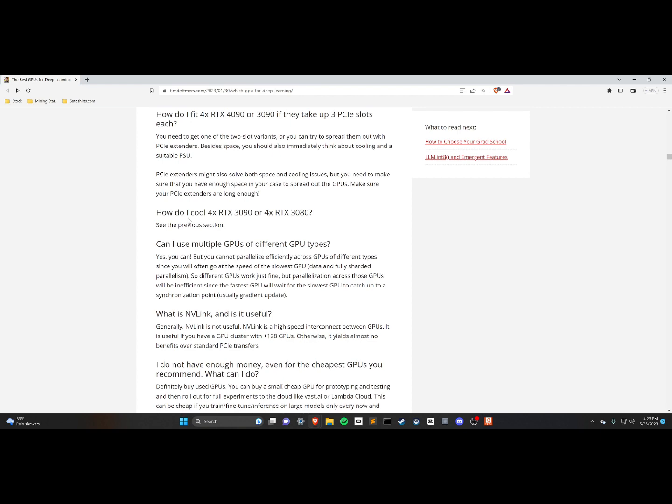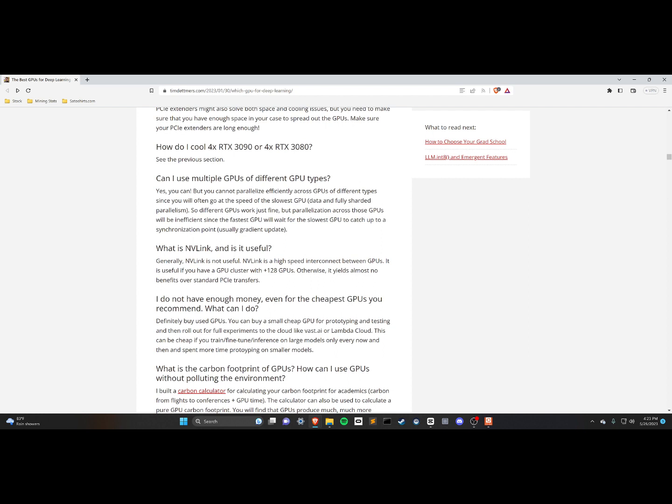This one's important. Can I use multiple GPUs of different GPU types? Yes, you can, but you cannot parallelize efficiently across GPUs of different types, since you will often go at the speed of the slowest GPU. Different GPUs work just fine, but parallelization across those GPUs will be inefficient since the fastest GPU will wait for the slowest GPU to catch up to a synchronization point.